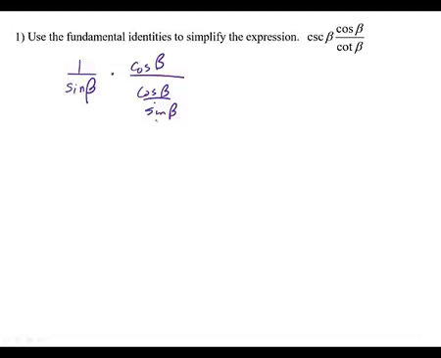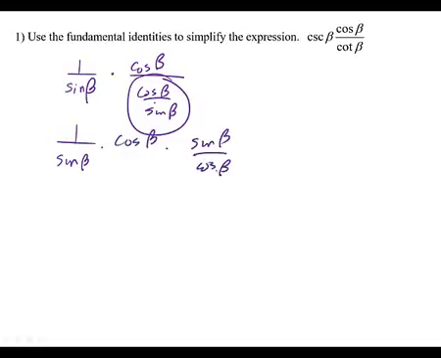We can't really do any canceling quite yet, but I do need to do what with this to get it upstairs? I could flip it and switch it to multiplication. So cosine beta, and then this turns into sine beta over cosine beta. Now what am I able to do? Cancel the cosines, cancel the sines, so what are we left with?